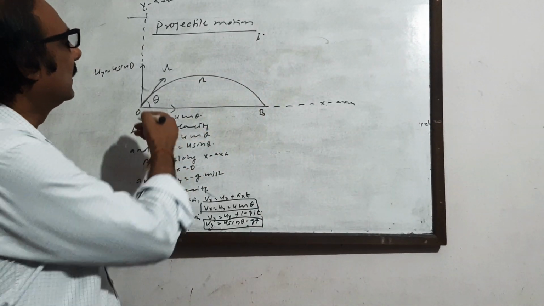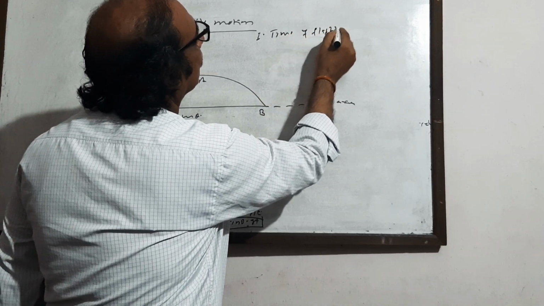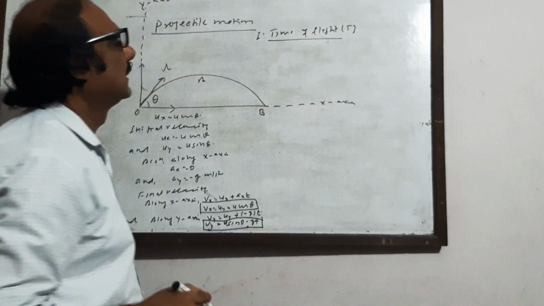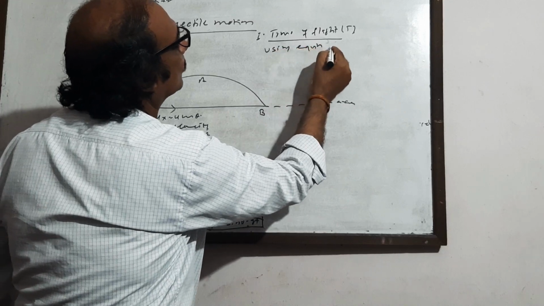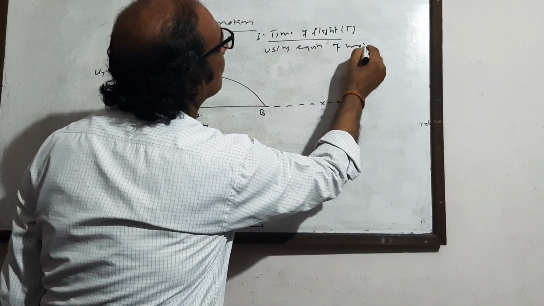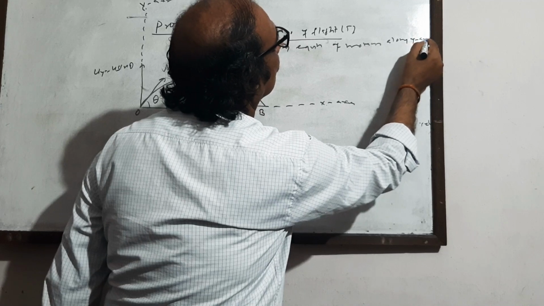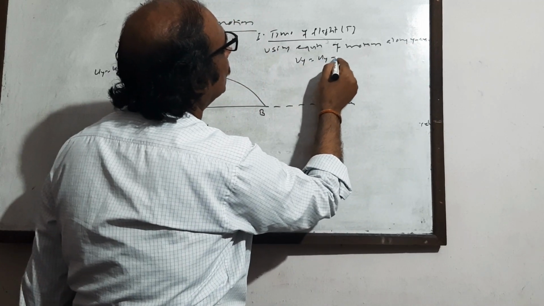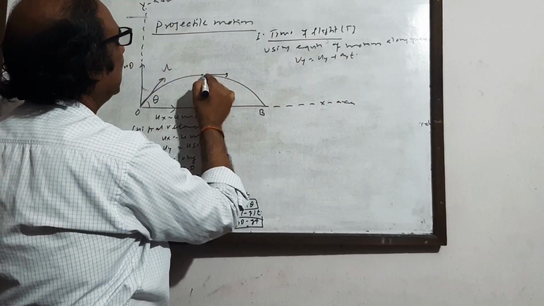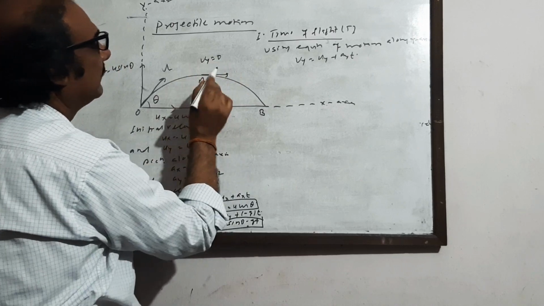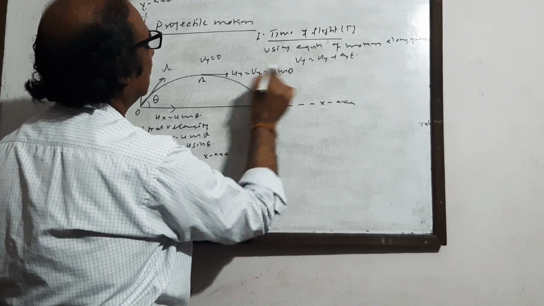Anyway, coming to the point, to find out the time of flight. First, the time of flight of the projectile is denoted by T, and using the equation of motion in terms of the velocity along the y-axis, Vy is equal to Uy plus ayt, and at the highest point, the final velocity Vy equals 0, but even then the horizontal component remains constant, Ux equals Vx equals U cos theta.